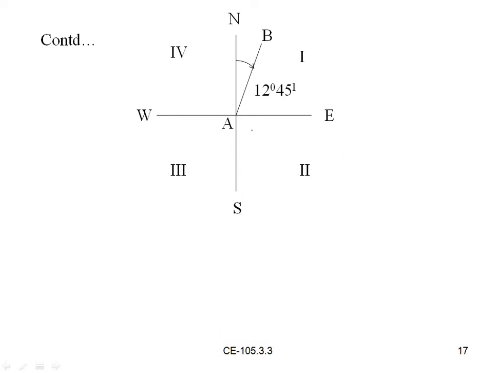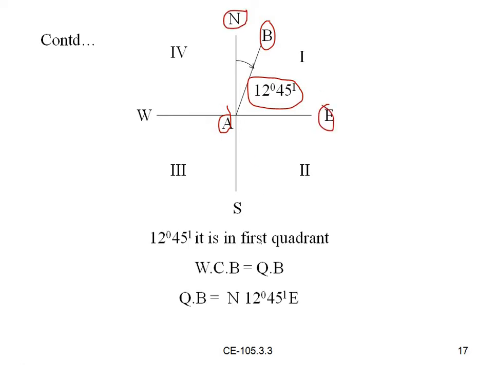So next one is 12 degrees 45 minutes. So this will be the A and B. So here it is in the first quadrant, that is in between north and east. So we will write it as it is, quadrantal bearing is equal to north 12 degrees 45 minutes east.